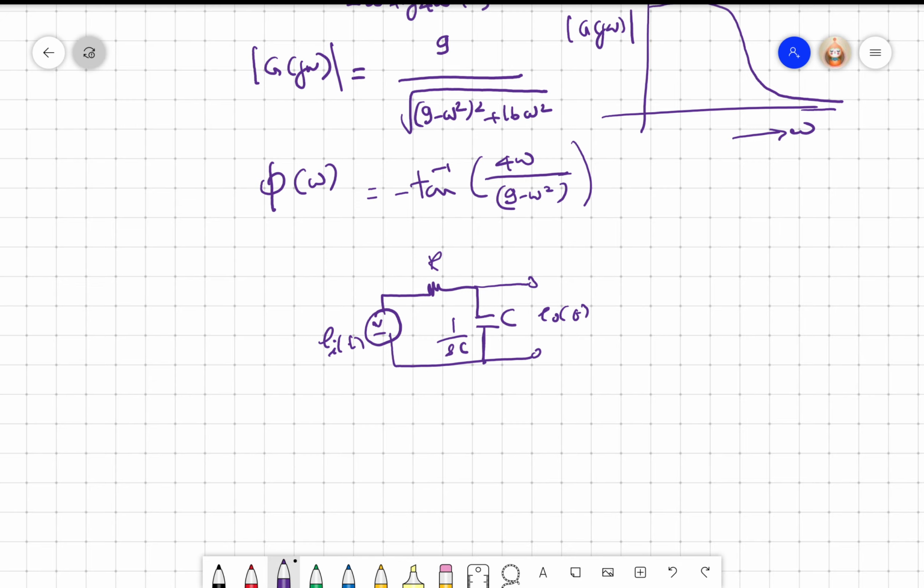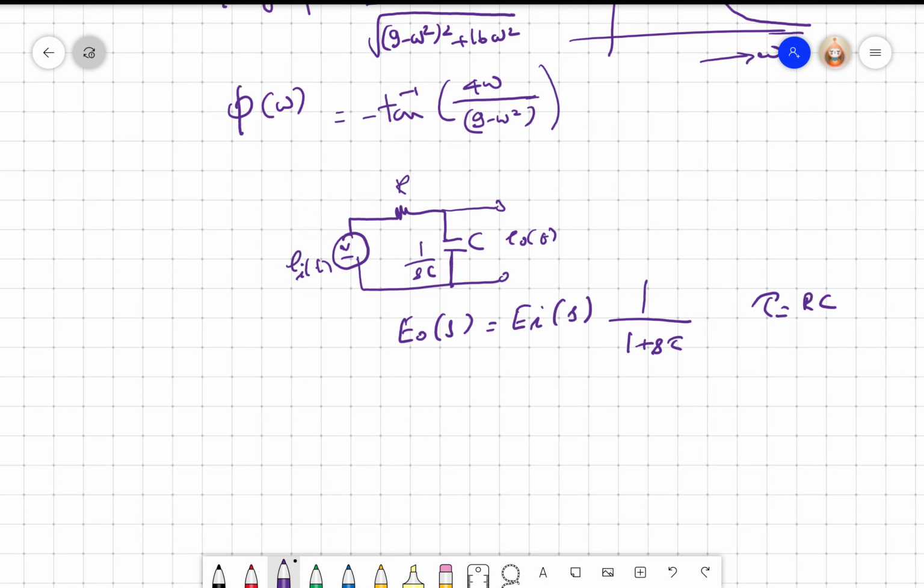If I do that, then I can calculate E naught of s equal to E I of s into 1 by 1 plus s tau, where tau equal to R into C, the time constant of the circuit, right?